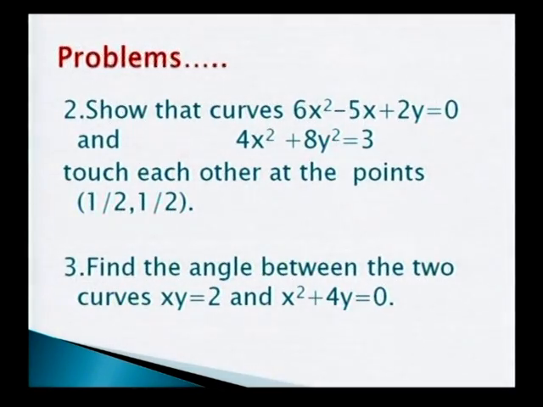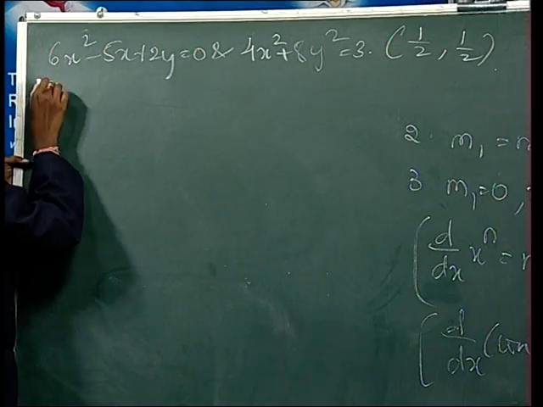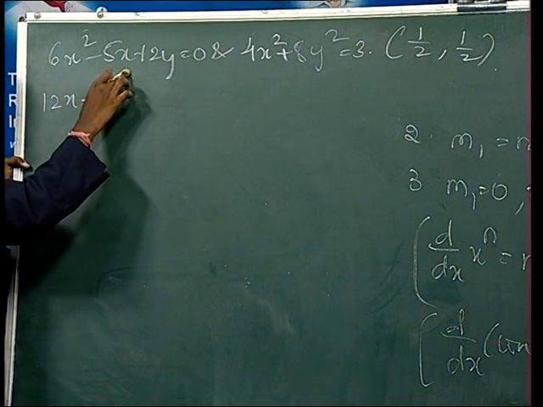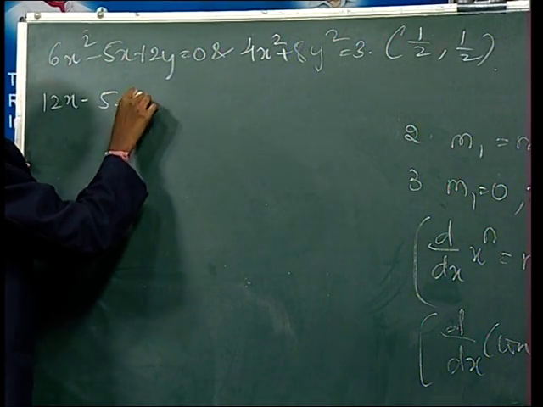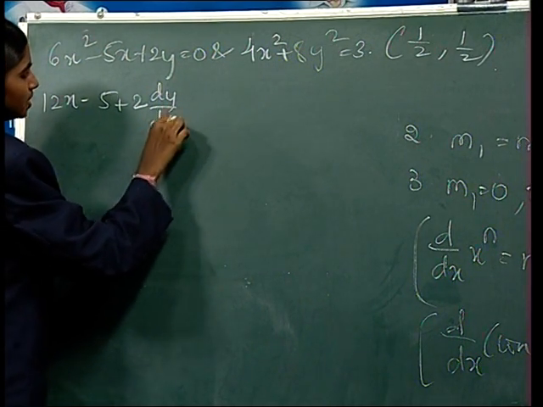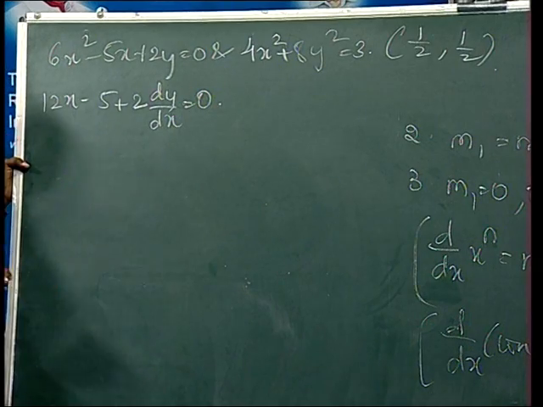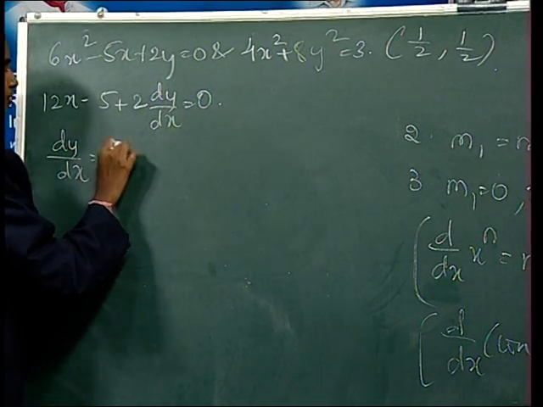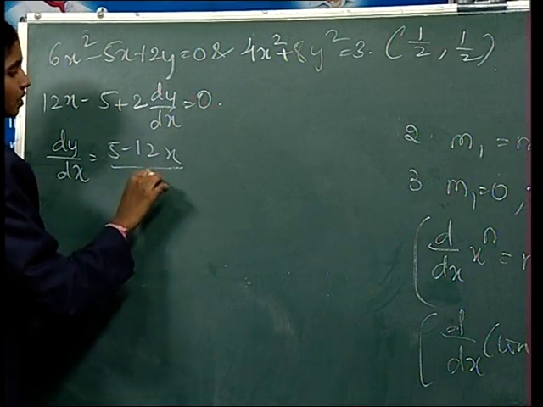By differentiating the first curve, that is 6x square becomes 12x, minus 5x derivative is 5, and plus 2y derivative is dy by dx, is equal to 0. So, it becomes dy by dx is equal to 5 minus 12x by 2.